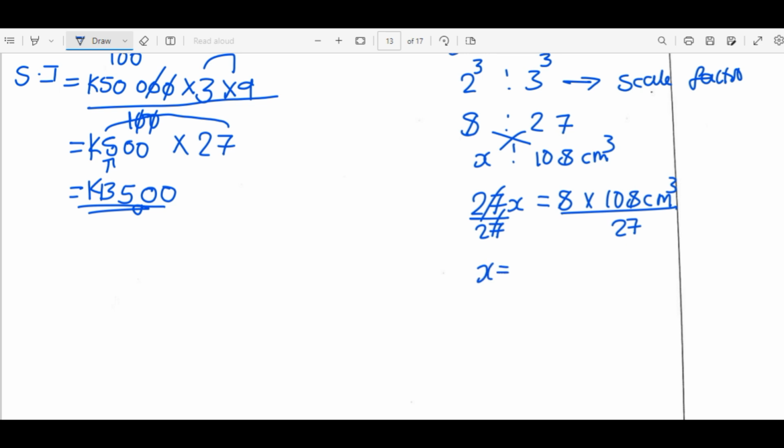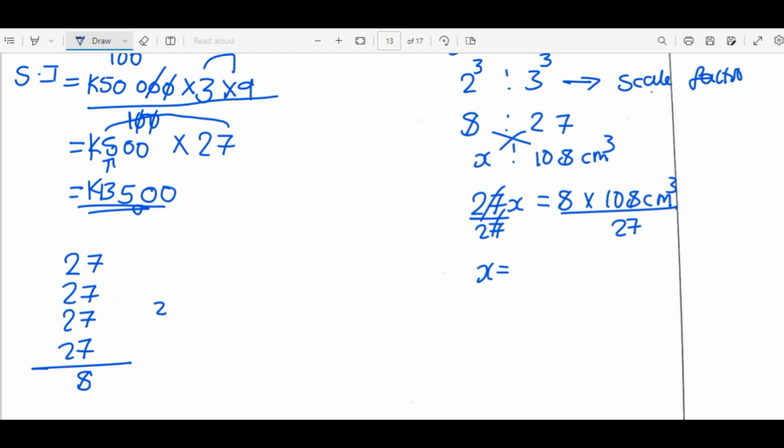Okay, we know that 108, if we divide 108 by 2, will give us 54. And you know that 27 plus 27. So let's see, maybe I can make it easy for you. 27 plus 27 plus 27 plus another 27. 7 plus 7 is 14 plus 7, 21 plus 7, 28.